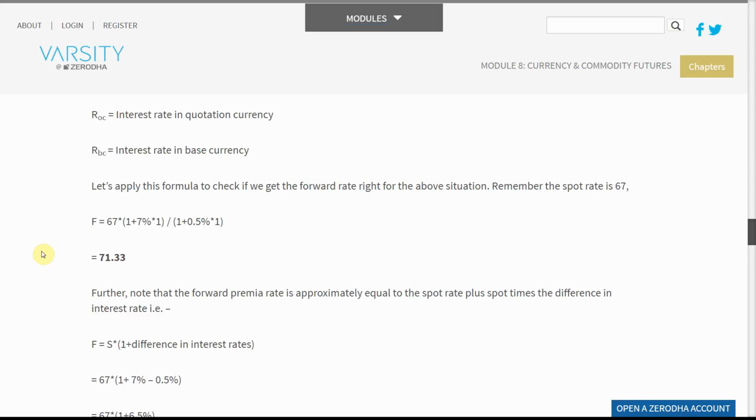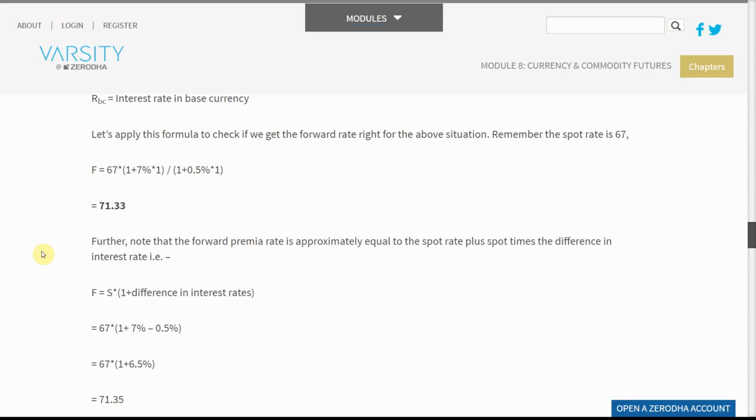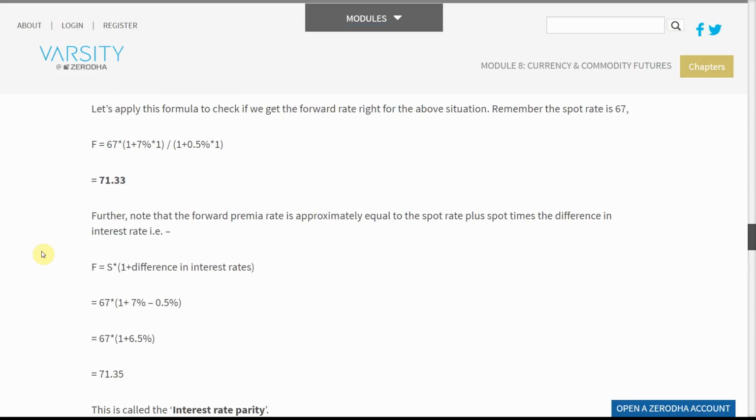Let's apply this formula to check if we get the forward rate right for the above situation. Remember the spot rate is 67. F = 67 * (1 + 7% * 1) / (1 + 0.5% * 1) = 71.33.